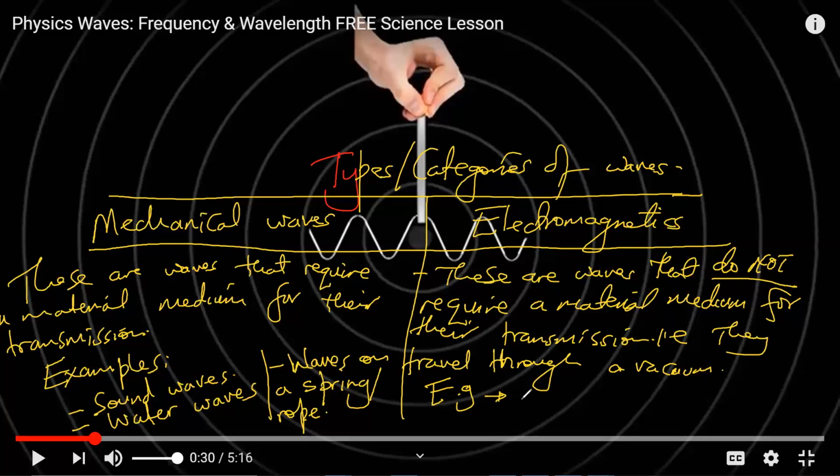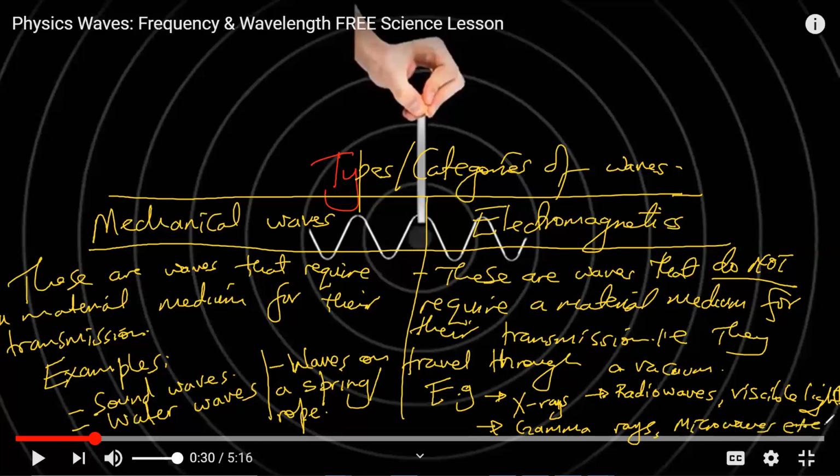In case you can remember the bands, then you have, for example, X-rays, infrared, radio waves, microwaves, gamma rays, visible light, ultraviolet rays, etc. All of those.